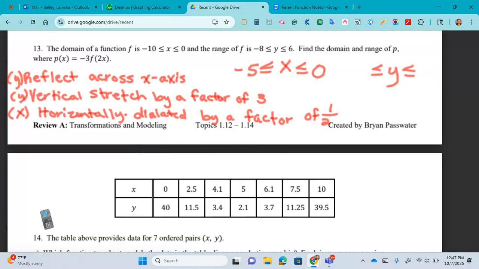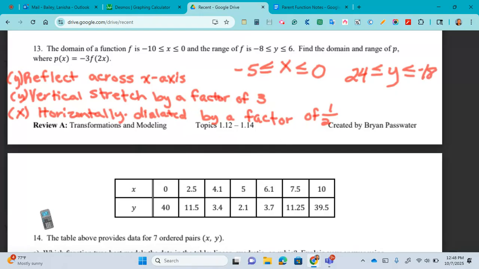So that -8 turns into a positive 8 because it was reflected, and then we multiply it by a factor of 3, which is 24. That 6 would turn negative, which is -6, multiply it by 3, -18.